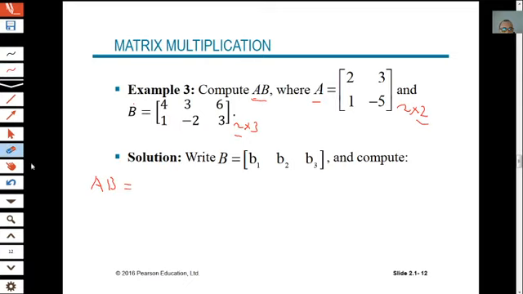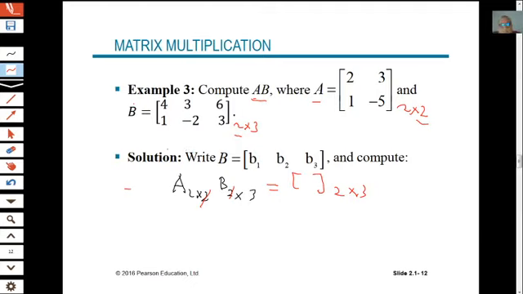So this is written as 2 by 2 times 2 by 3, by cancelling the common number. So the result will be a 2 by 3 matrix.